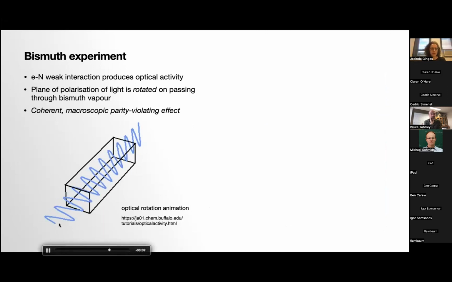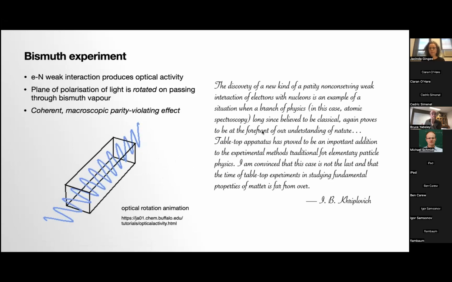If you shine linearly polarized light through some vapor, then you see that the plane of polarization of the light is rotated as it passes through, and it emerges rotated from what it was in the first instance. And so what you're seeing is a coherent and macroscopic parity violating effect that happens due to a fundamental exchange of Z boson between electrons and the quarks in the nucleus.